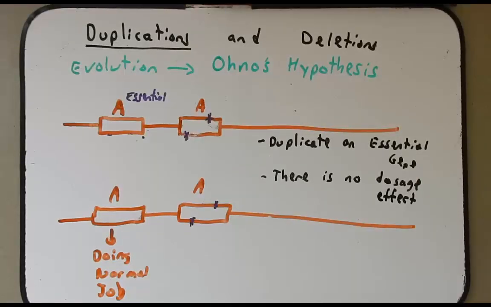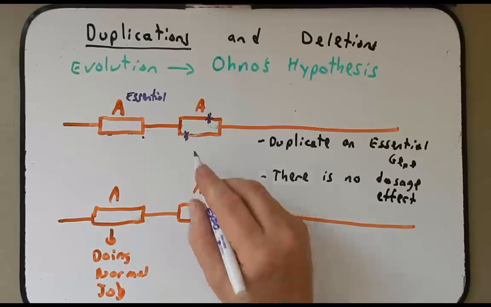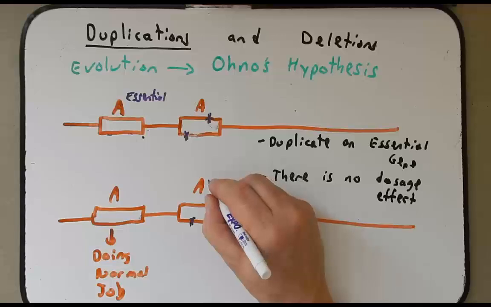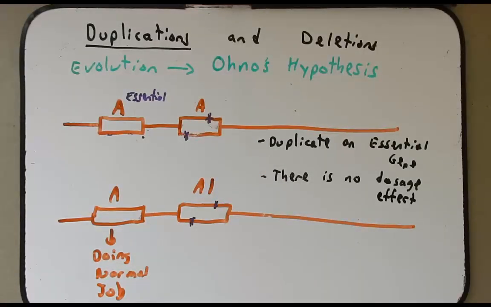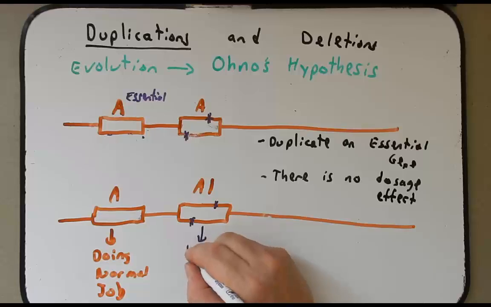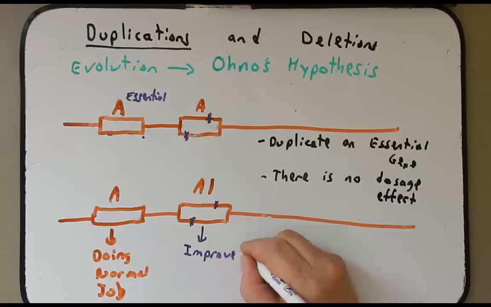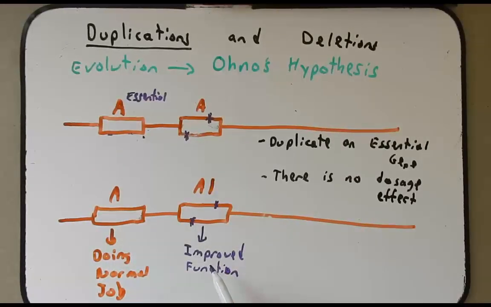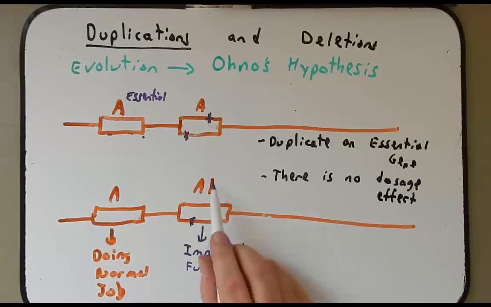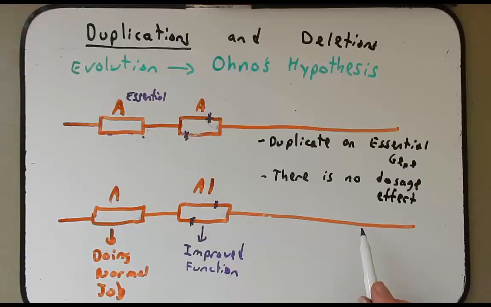And now maybe this mutated extra copy, duplicated copy of gene A, which we'll maybe call A1 now because it's different, maybe now it has an improved function. Maybe it works better than A, or maybe as multicellular organisms evolved, maybe gene A1 now works better in a different organ or a different tissue, or maybe at a different developmental stage of the organism.